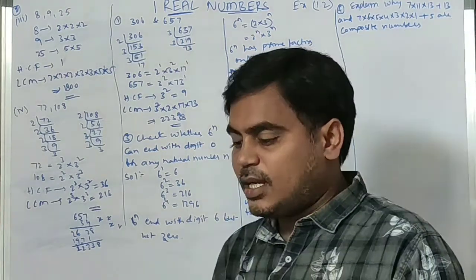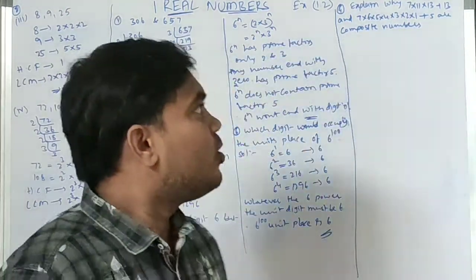Why are these numbers composite numbers? Okay, solution.